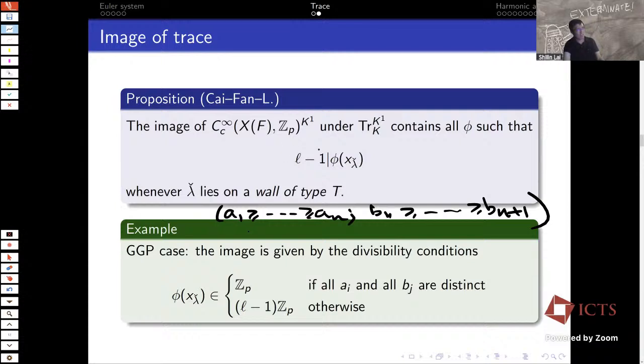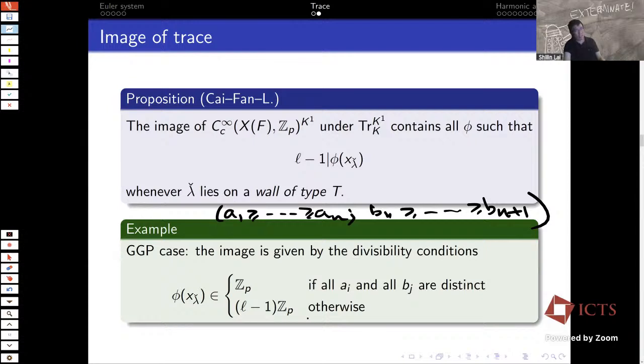So our general theorem tells us that if the value of the function is divisible by L minus 1 whenever two of those entries are equal, then it's in the trace. Actually, an explicit computation tells you this is an if and only if. The image is exactly the set of all functions which, when all of those numbers are distinct, have no divisibility condition, and when two of them are equal, have divisibility by L minus 1.